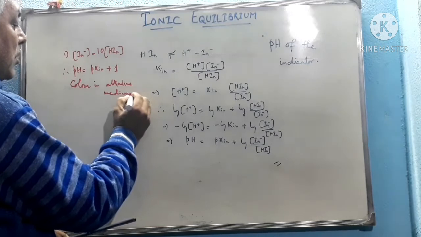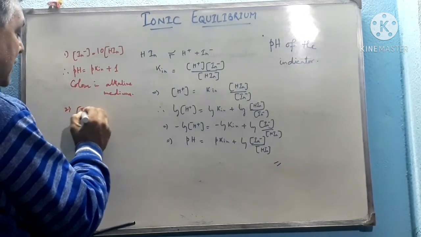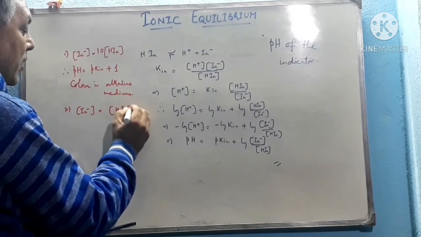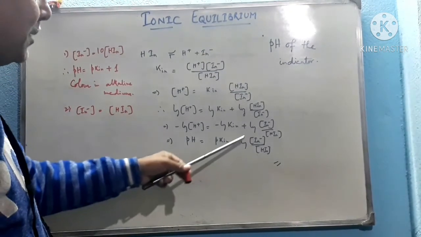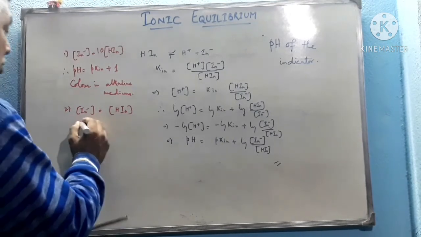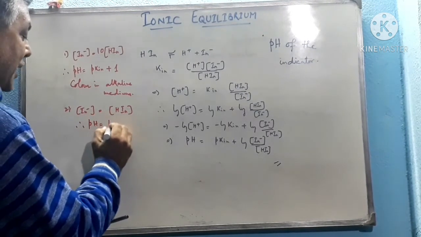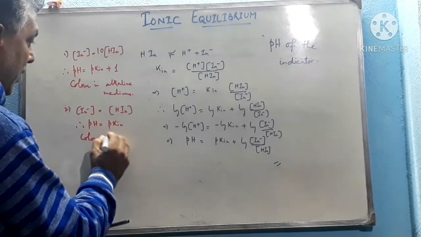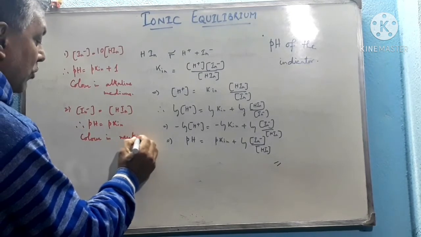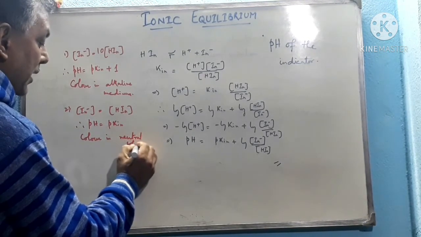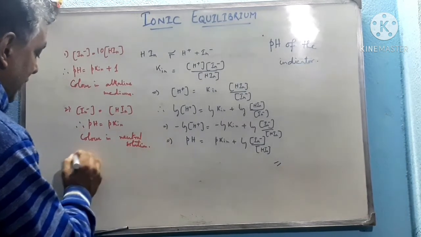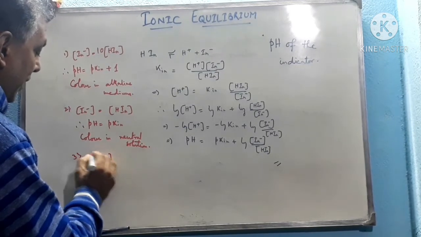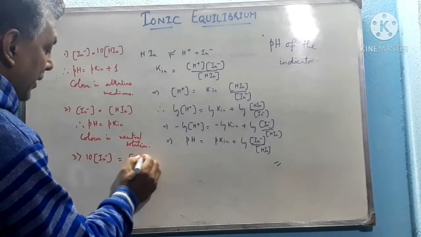Clear? Now if In- is equal to HIn, then log 1 means 0. So in that case pH equals pK_In, which means the color in neutral solution, neither acidic nor basic. And the third case is 10 times In- equal to HIn.